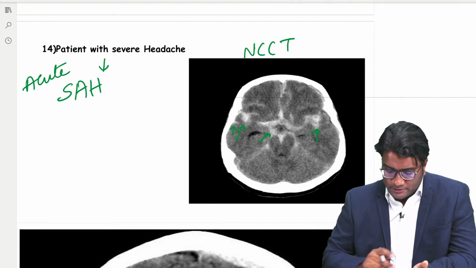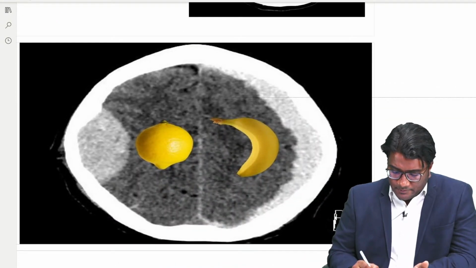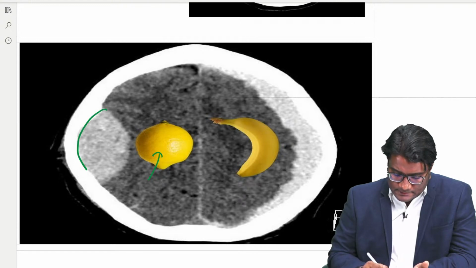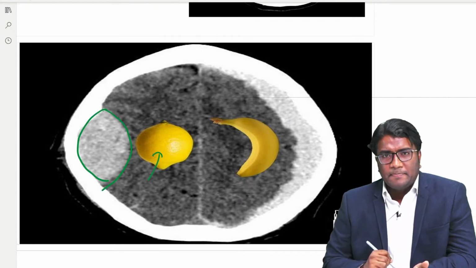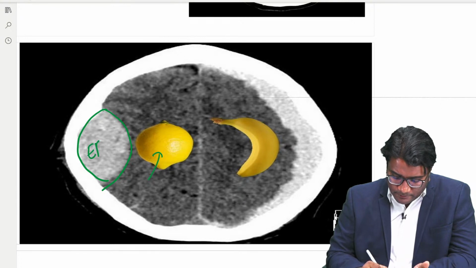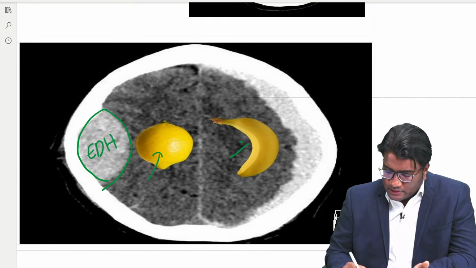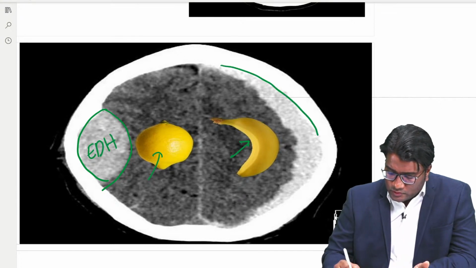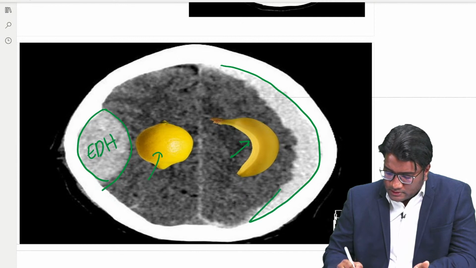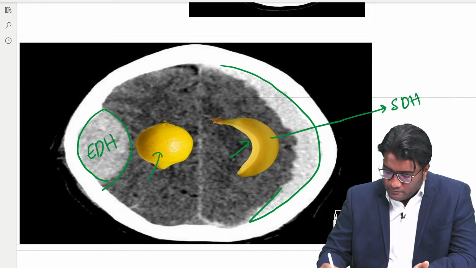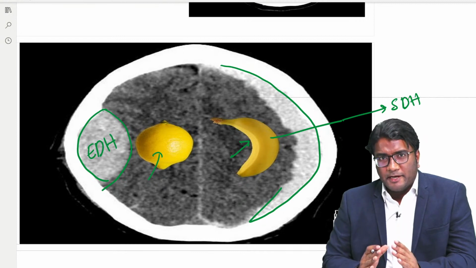And if it was lemon shaped, biconvex like this, what is this? This is epidural hematoma. And if it is banana shaped, crossing sutures but not crossing midline, concavo-convex, crescentic, this is how you would have your subdural hematoma. So epidural hematoma, biconvex, lentiform.